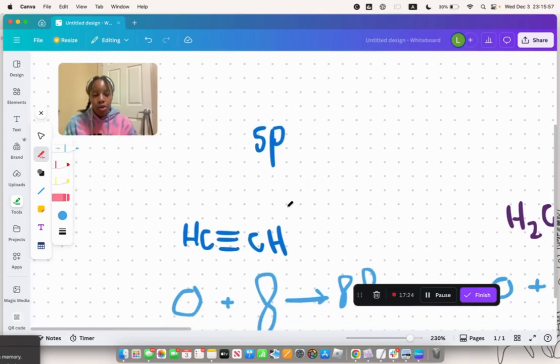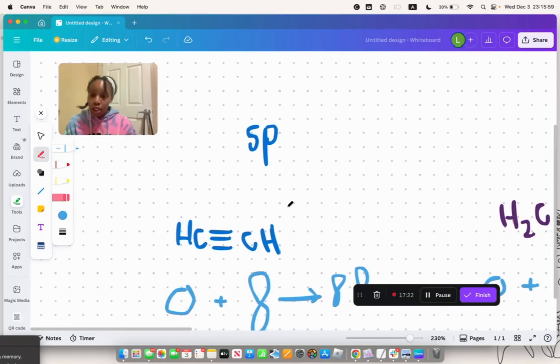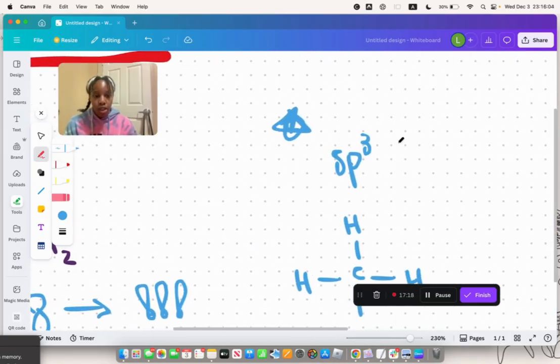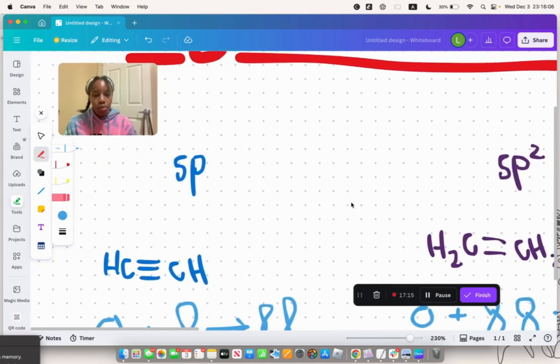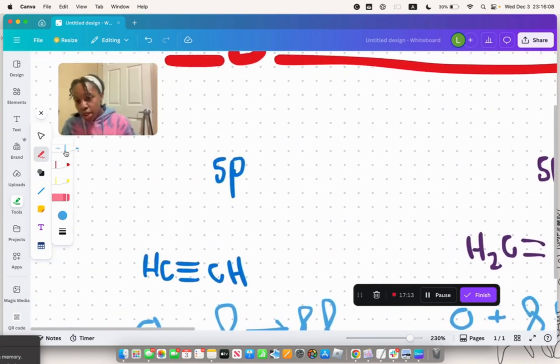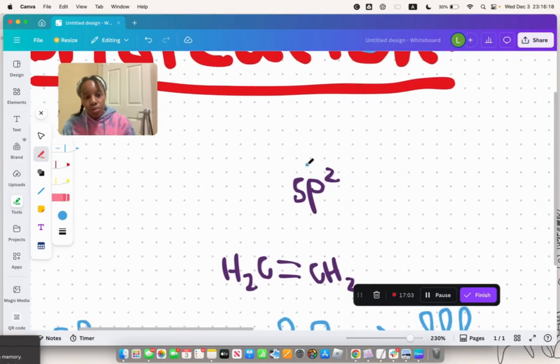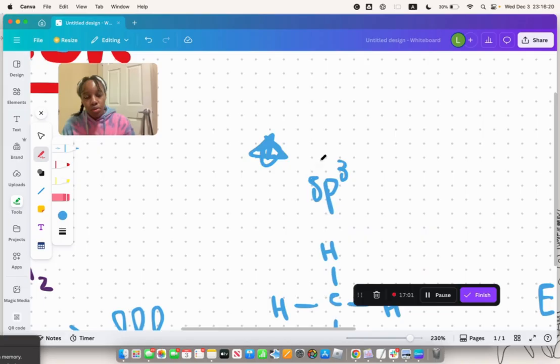And if you're ever confused on how many hybrid orbitals you will make, it's really important to look at the numbers that we have here. So we have an invisible 1 in front of all of our s's. Also this p as well. If you add them together, it equals 4.